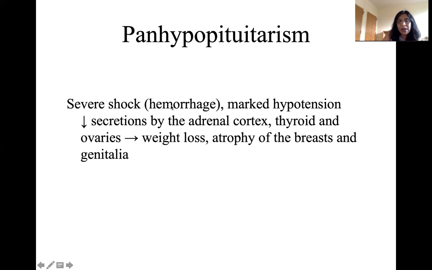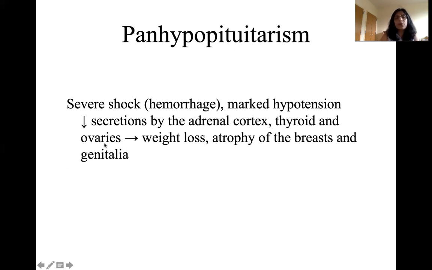Severe shock, because you don't have many hormones from the anterior pituitary. Hemorrhage could be the cause of severe shock. Marked hypotension, again because of the hemorrhage. Decreased secretions by the adrenal cortex, because some of the hormones from the anterior pituitary affect other endocrine glands. One of them is adrenal cortex.